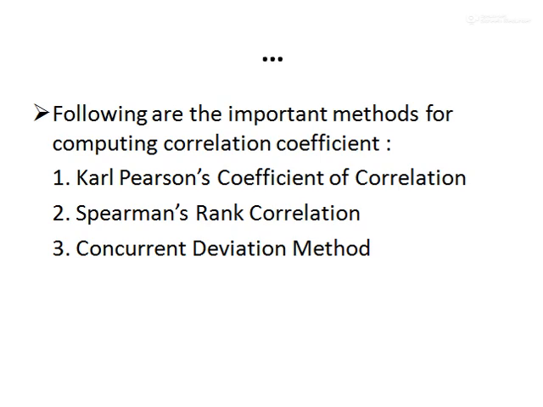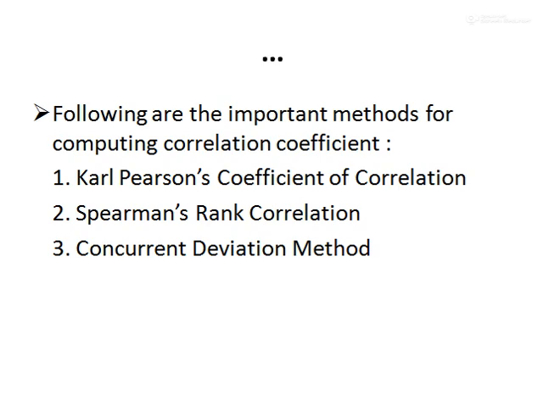I told you that coefficient of correlation is computed by using an appropriate formula, and generally there are 3 formulas for computing coefficient of correlation. First one is Karl-Pearson's coefficient of correlation. Second is Spearman's rank correlation.